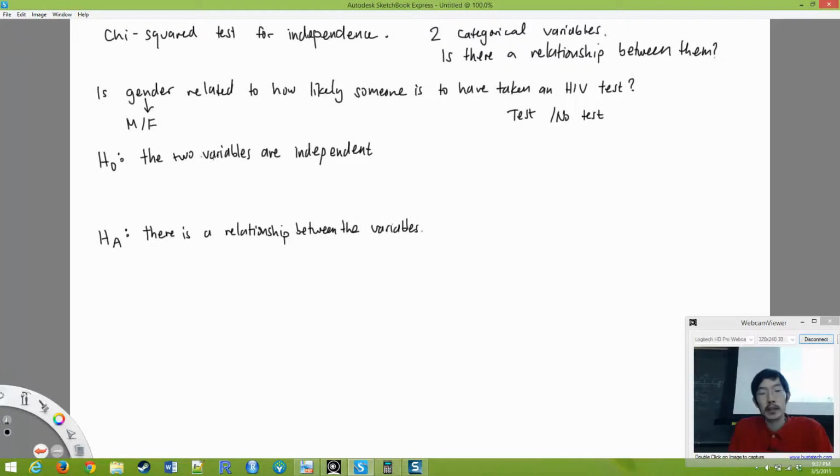Okay. So when it came to probability, how did we express variables being independent? So I would say that the probability of being male given, we'll say, taking the test, if gender is independent of having taken the test or not, this should be equal to what?